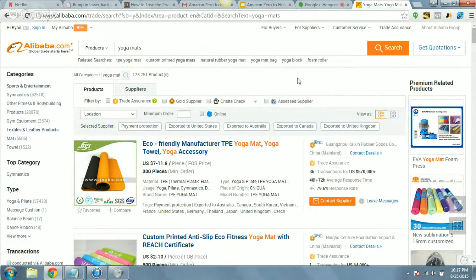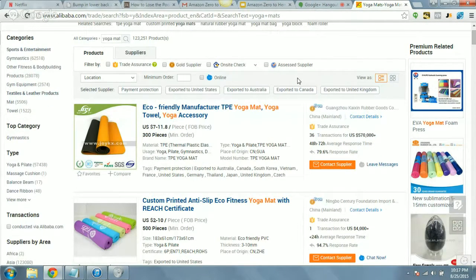So there's a couple things I look for when I'm looking for a manufacturer. For starters, I'm looking for manufacturers that have been on Alibaba for three or more years. What three or more years tells me is that if there were any problems, the likelihood that Alibaba hasn't been aware of it is very slim. Also, at the three-year point, you start to see stats like how many transactions they've had.